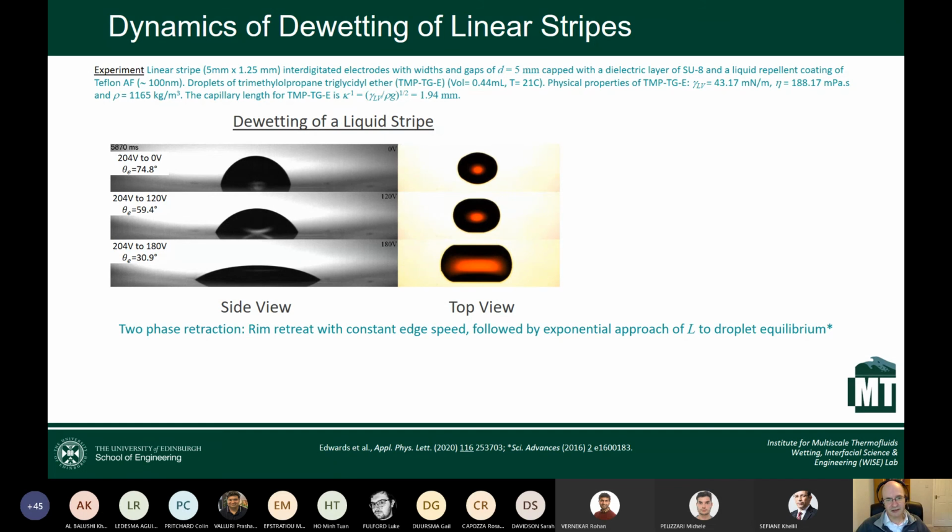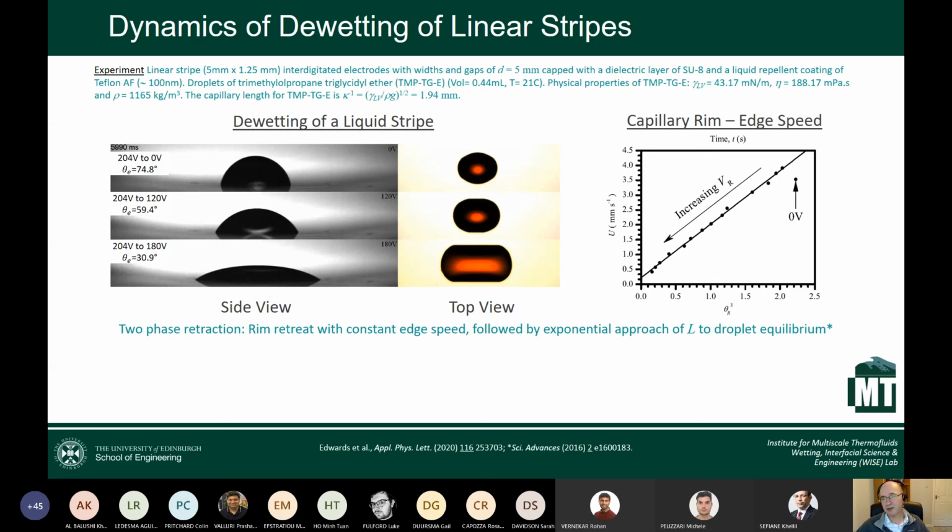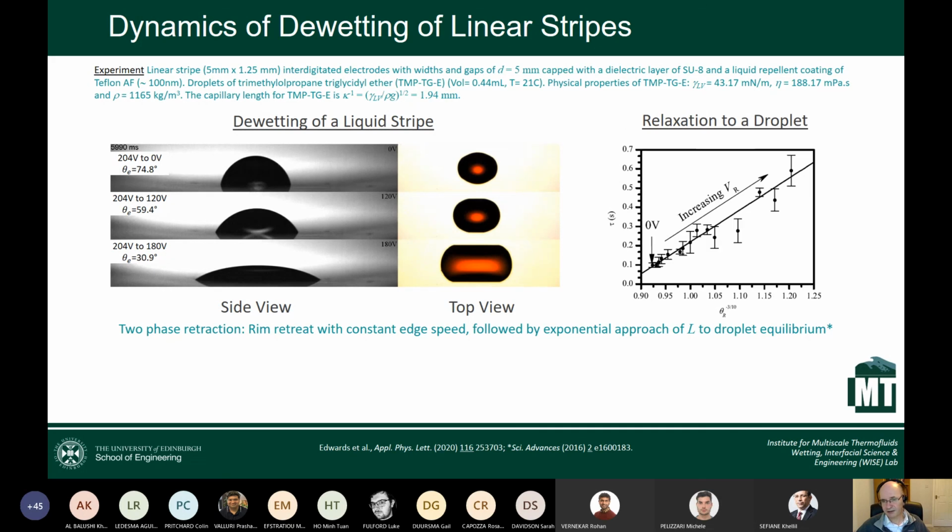You get a sort of retreat of the edge, the rim, with a constant speed. And then you get a sort of point where the rims seem to meet each other. They seem to sense the presence of each other, and the whole droplet shapes itself such that the surface comes back to its equilibrium. And you can measure the speed as a function of various parameters, and you can look at the relaxation time for those things to happen.